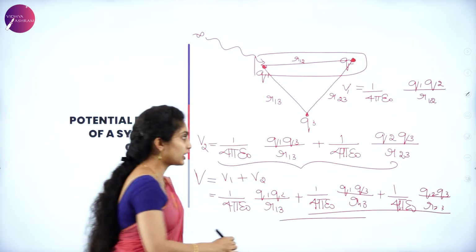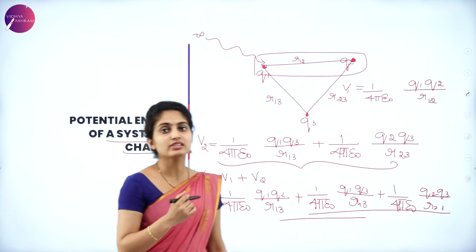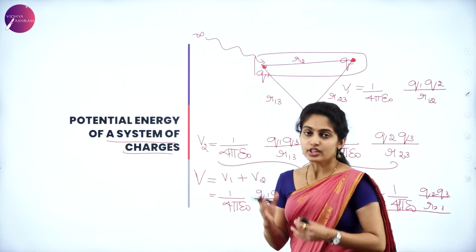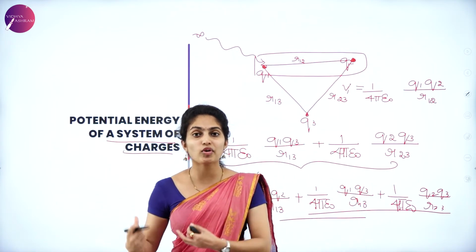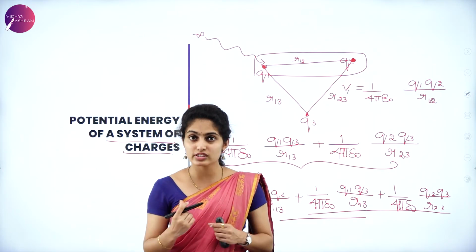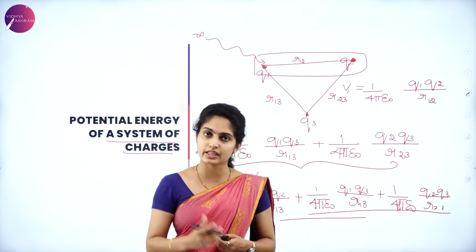This is the potential due to a system of charges and it goes on, which will be expressed in terms of summation. So this is all about this derivation, which is a concept for you to understand. It is not like this is important and comes for the exam, but understanding this concept is very much essential for the further applications of the same chapter.